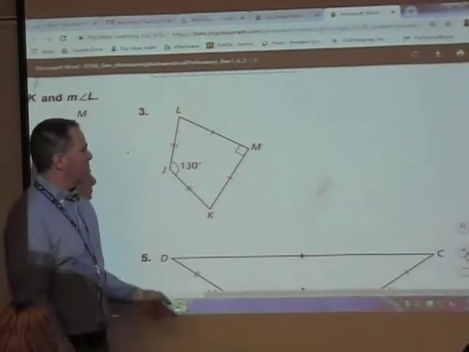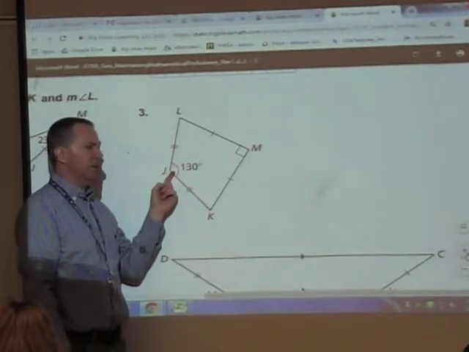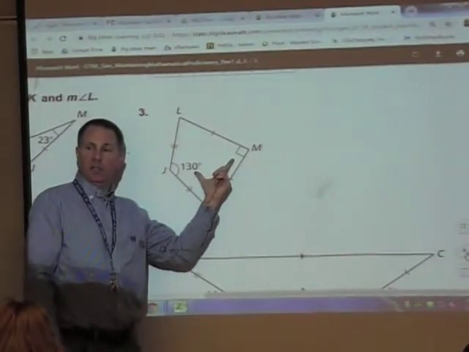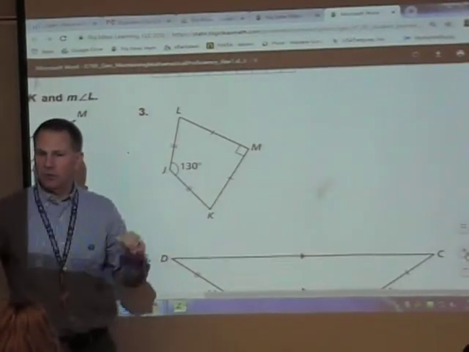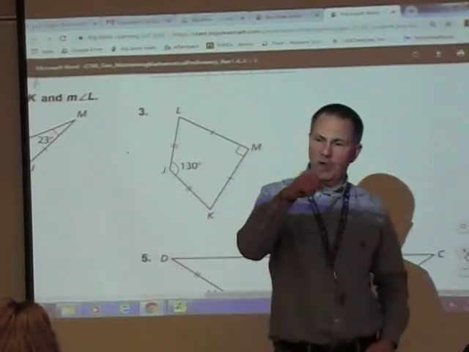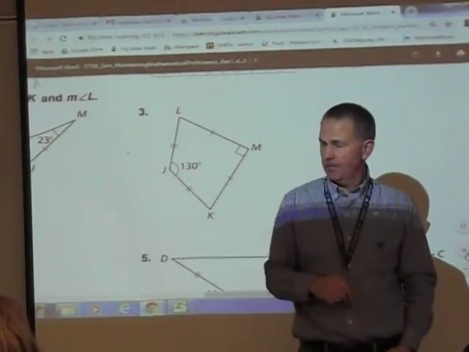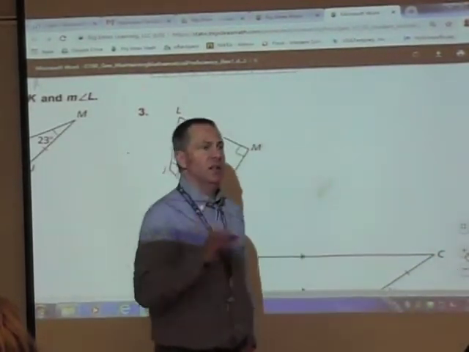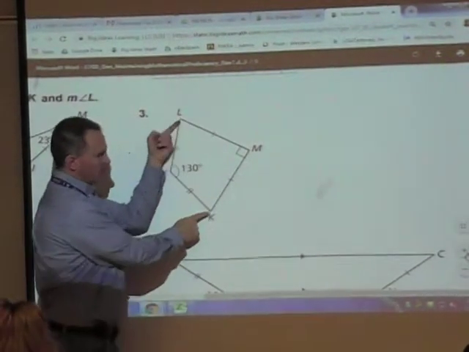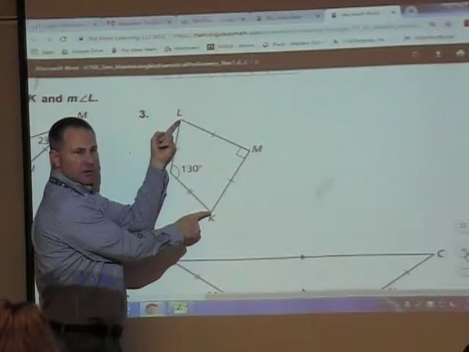All right? So if this is 130 degrees and that's 90, that's 220 degrees. How many degrees are left? How do you figure that out? 360 minus 220. What is that? 140 degrees. In a kite, these 2 angles are always equal.